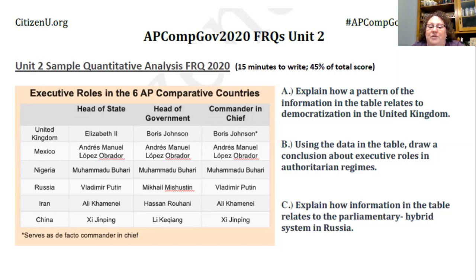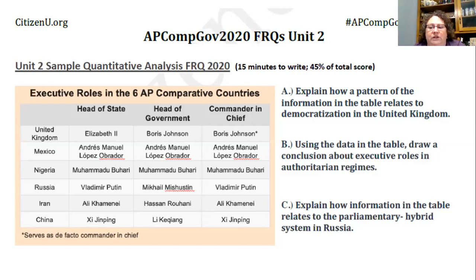So kind of making sure that the head of government is elected. So what we know is that the elected government, his elected person, is the commander-in-chief. What can we see about executive roles in authoritarian regimes? Also, I would make sure that I explain what democratization is. So remember, that's an important thing to define.